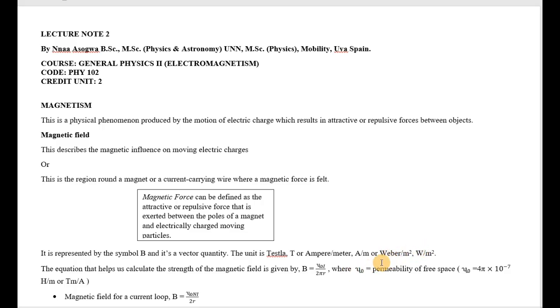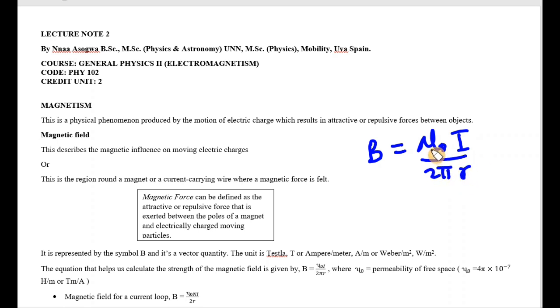So the equation that helps us calculate the strength of this magnetic field is given by this: B equals mu naught I upon 2 pi r.